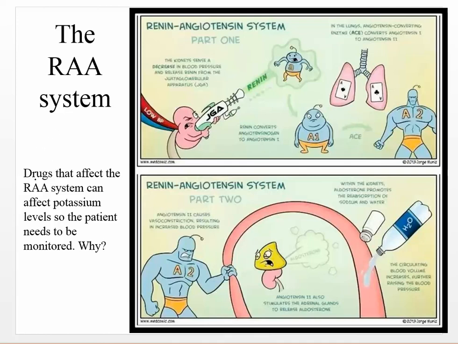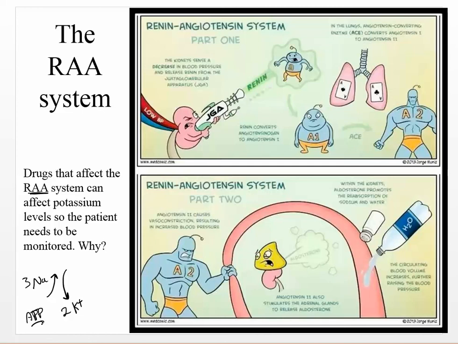But here's the problem. Drugs that affect the RAA system can affect potassium. Why? Because it's being kicked out by the sodium potassium pump. And remember, the sodium potassium pump pumps out 3 sodiums to 2 potassium, and it burns an ATP in the process.